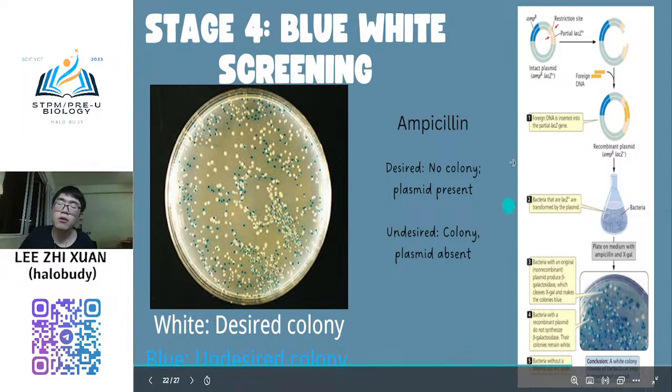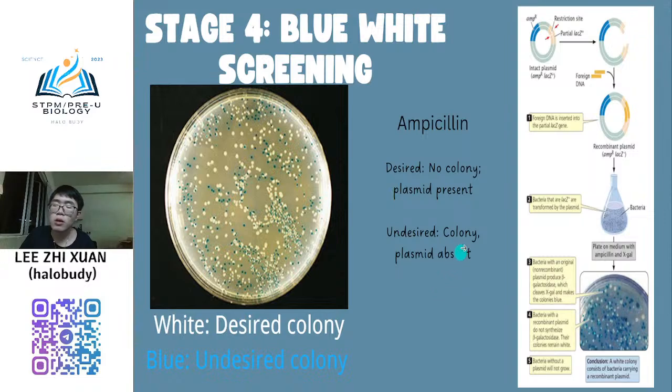So when using ampicillin, when a colony occurs, whether it is blue or white, meaning that the cells contain the plasmid. So these cells either were successfully transformed or already originally contained the plasmid.